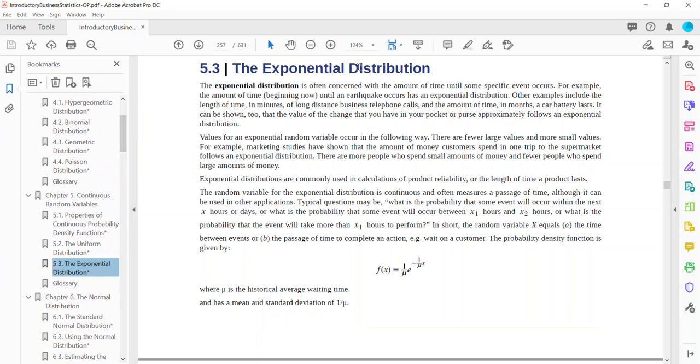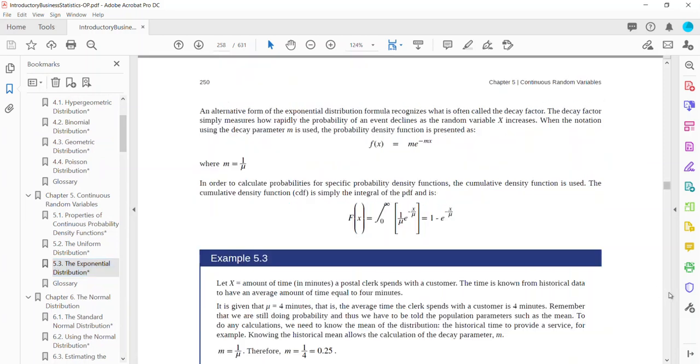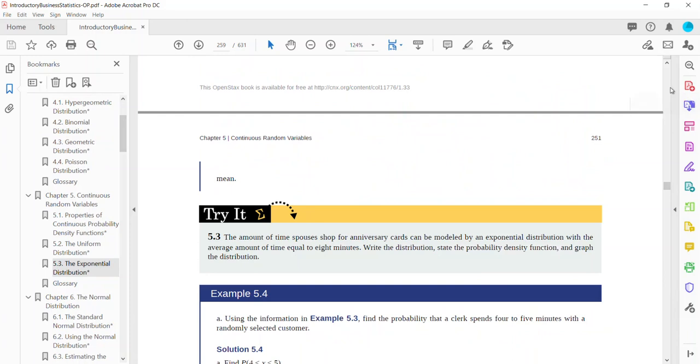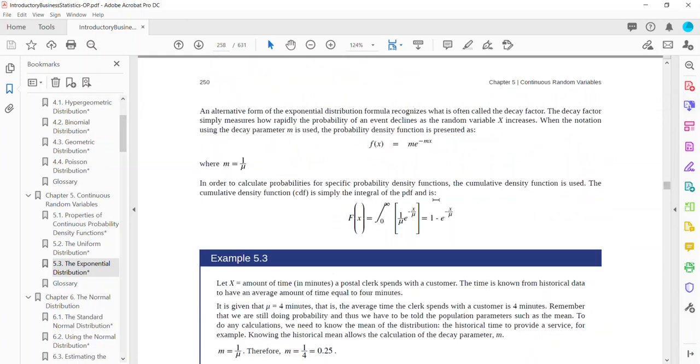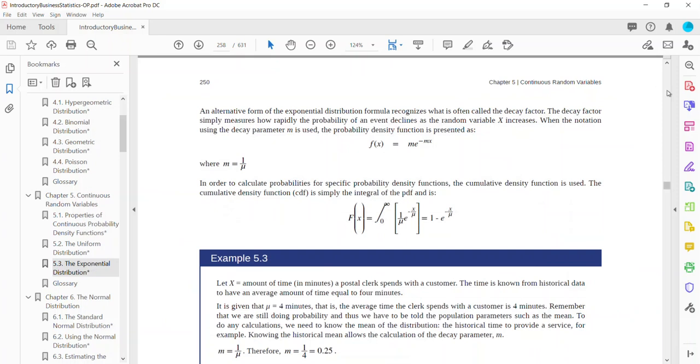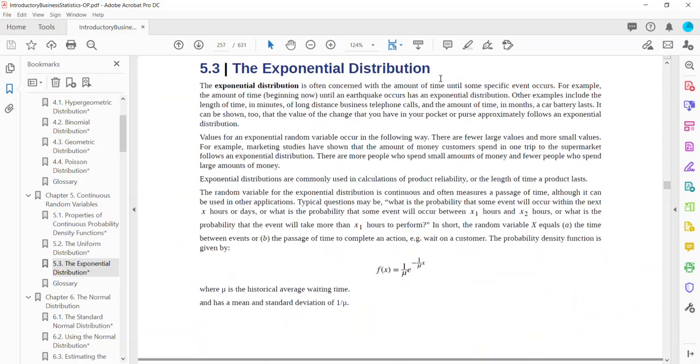So for the exponential distribution, just like I did with the other ones in chapter 4, I don't expect you to remember all these formulas right here. They're giving them to you. So I put everything in an Excel. One thing: the exponential distribution is concerned with the amount of time until some specific event occurs.